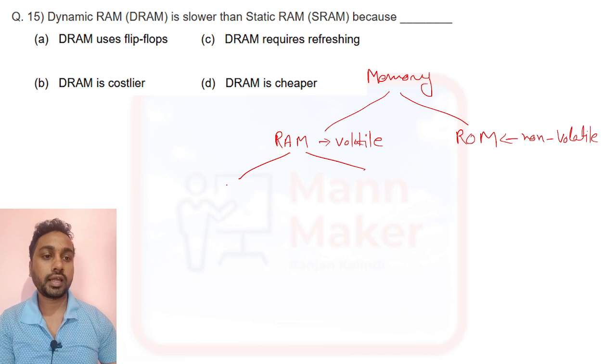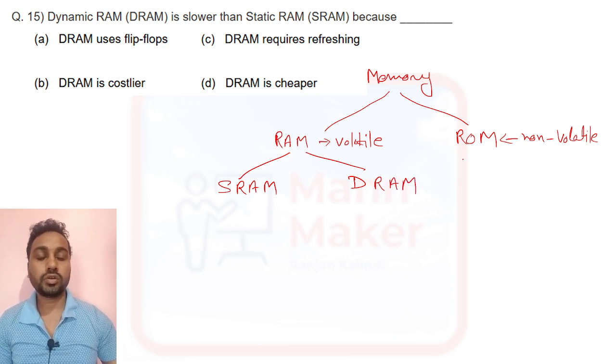Now further, RAM has two types, that is SRAM, static RAM, and dynamic RAM. RAM is random access memory. ROM is read-only memory. SRAM uses flip-flops to store.